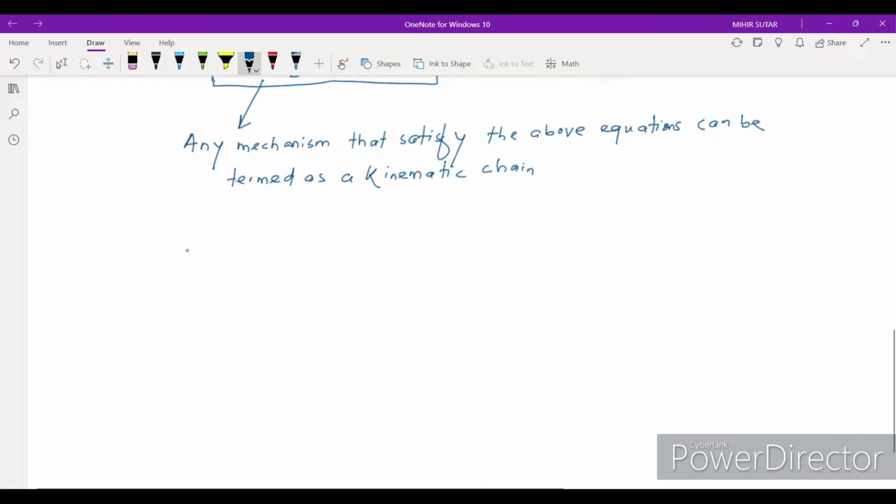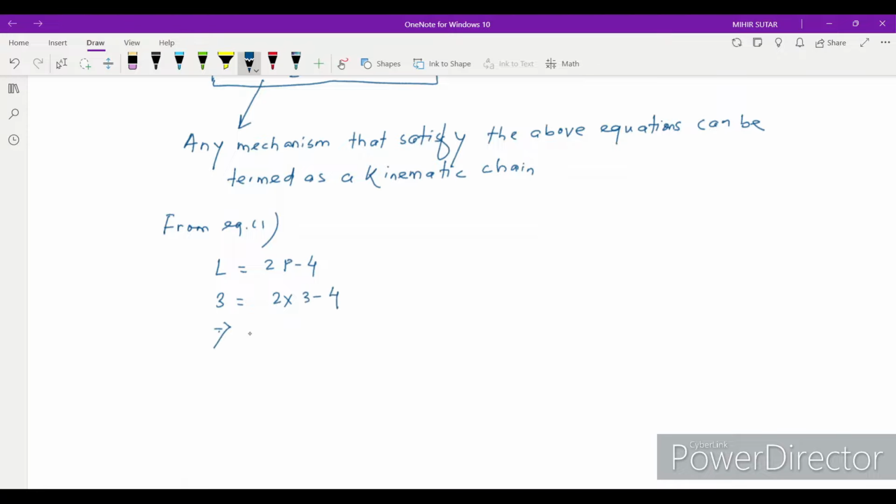So if you consider the first equation, from equation 1 we can say L is equal to 2P minus 4. We have L equal to 3, 2 multiplied by 3 minus 4.